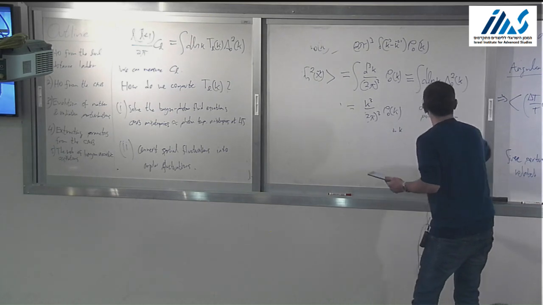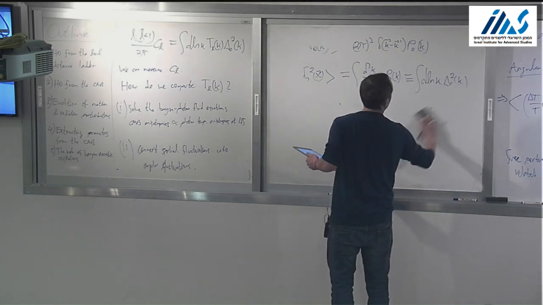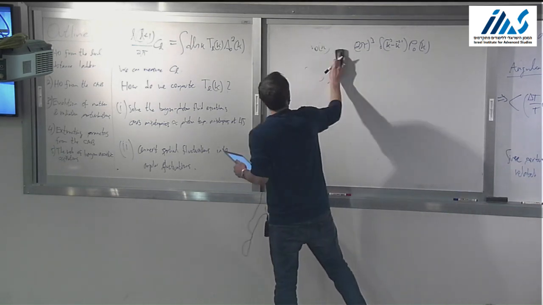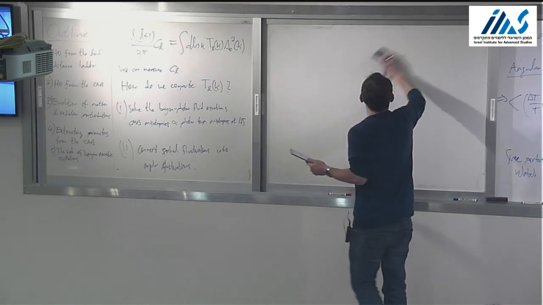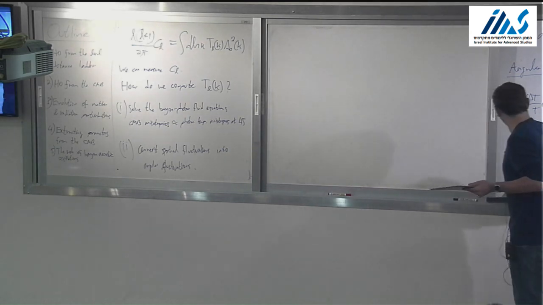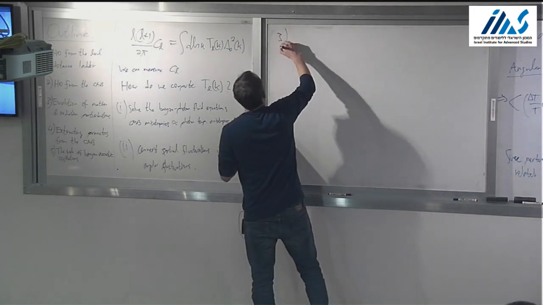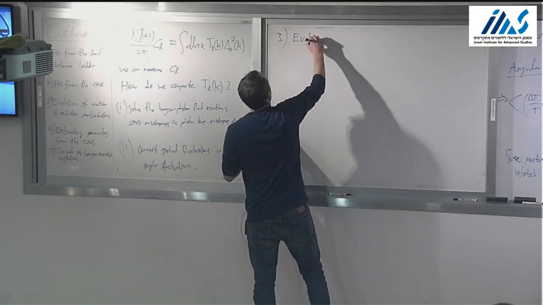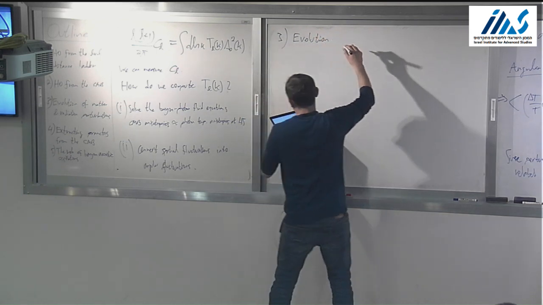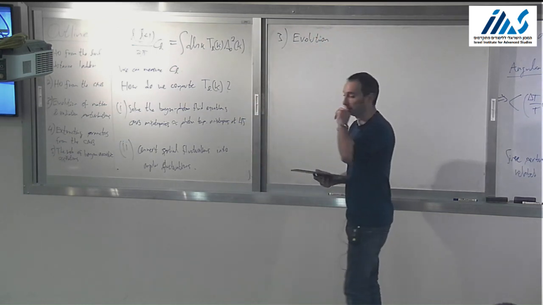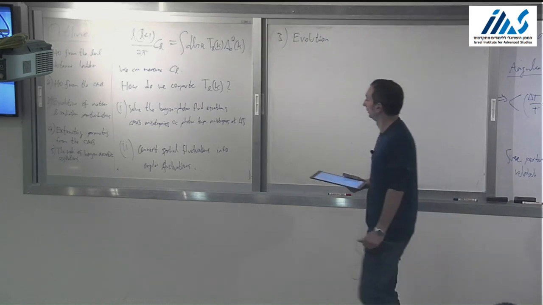Okay. So everything up to now was easy. We are now going to delve into the calculation, and that's going to be increasingly complex. Spatial to angular, like in Fourier transform?